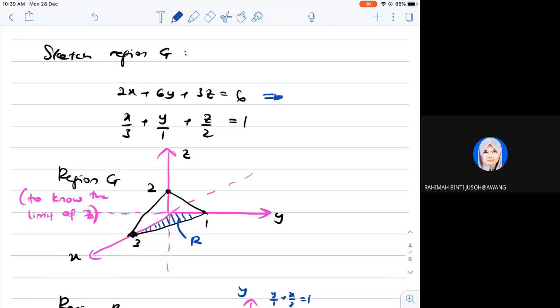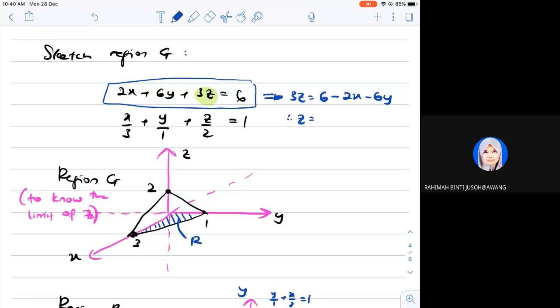Okay, guys, from this equation, we will take out the variable z. So we will have 3z equals 6 minus 2x minus 6y. Therefore, z equals, dividing everything by 3, 2 minus 2 over 3x minus 2y.